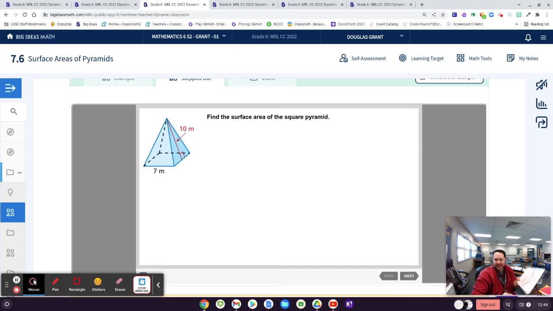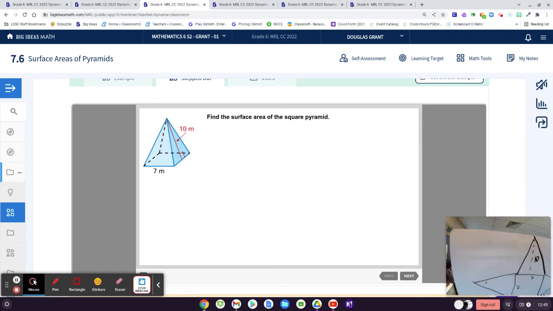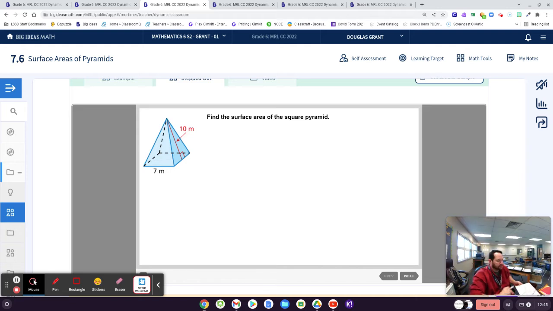So what we need to do is label what we know. So the base is a 7 by 7 square. And then each triangle has a base of 7 and a height of 10. So I'll add that to my drawing there. So every triangle is a base of 7 and a height of 10.